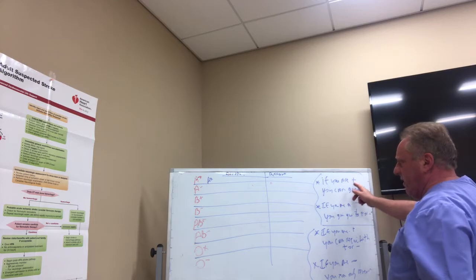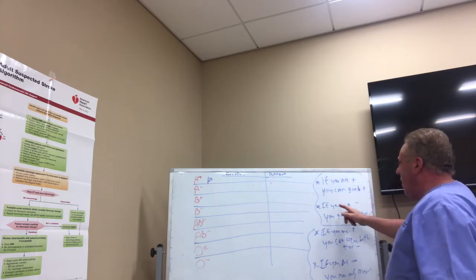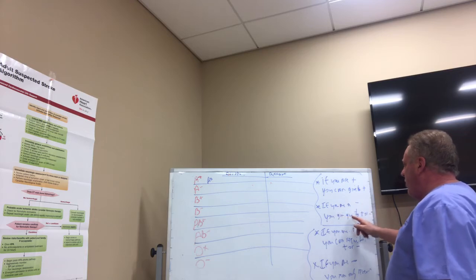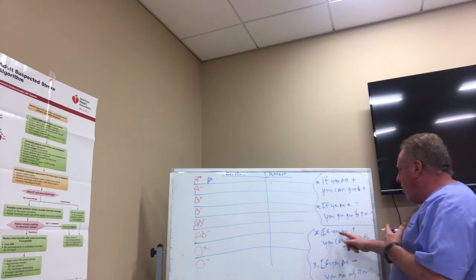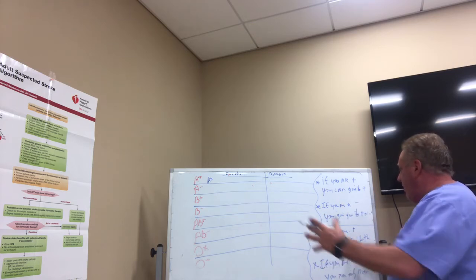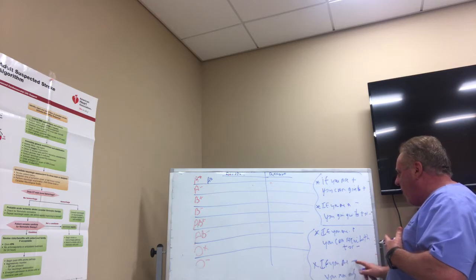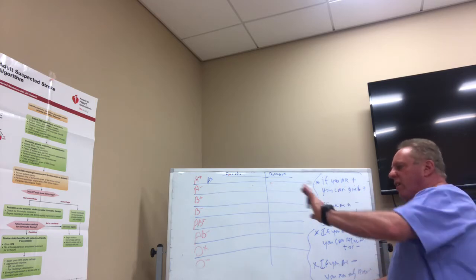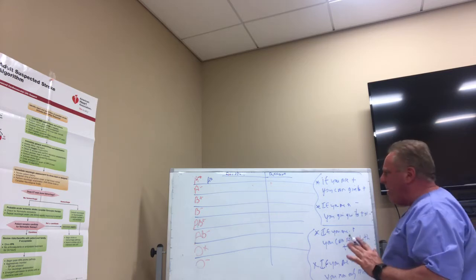If you're a positive, you can give to positives. But if you're a negative, you can only take a negative. If you are a positive, you can receive positives or negatives. But if you are a negative, you can only receive negatives. Is that understood?